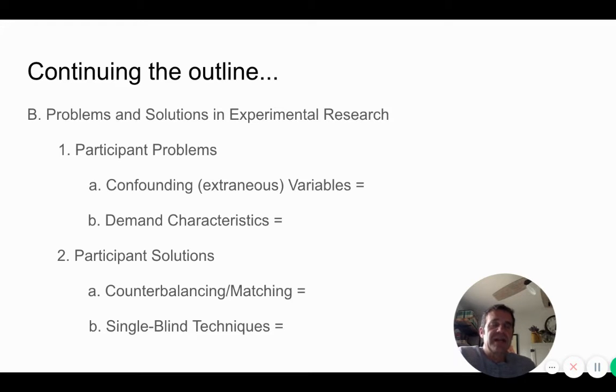It's just natural human nature to want to know what's going on. That demand characteristic, I haven't defined it yet, by the way, is going to affect the results. So we'll define a demand characteristic as the participants' expectations having an effect on the study. Okay, the participants' expectations having an effect on the study.